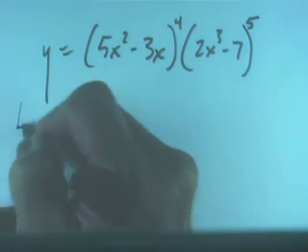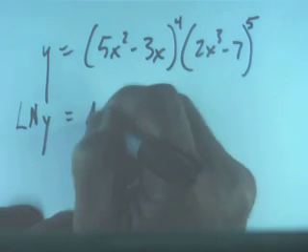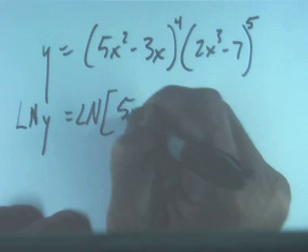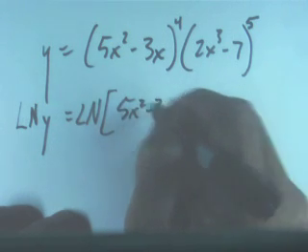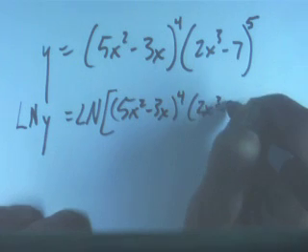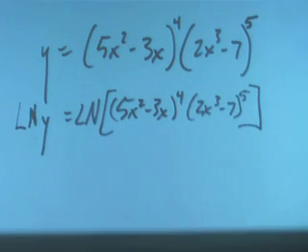So we'll make both sides the argument of a natural log. We certainly haven't differentiated yet, all we've done at this point is to make both sides the argument of a natural log.